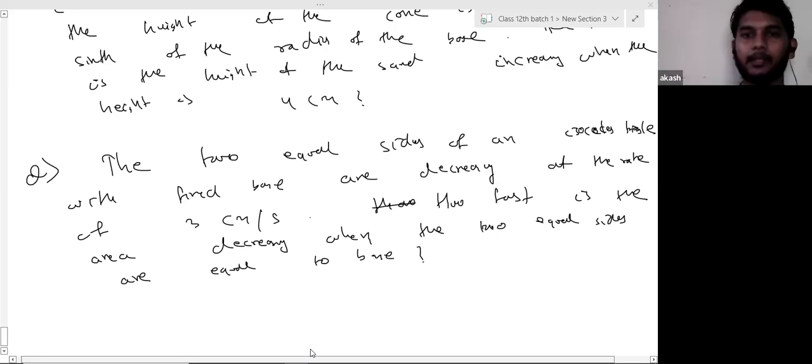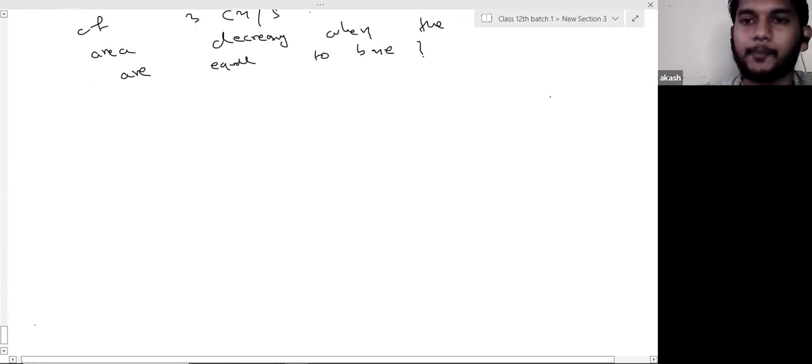All right. See, in this type of questions, they will just try to confuse you. All you have to do is find a relation. Relation means equation involving all these quantities. You'll get the answer. So they are saying there is an isosceles triangle A, B, C. Suppose this side is X with a fixed base.